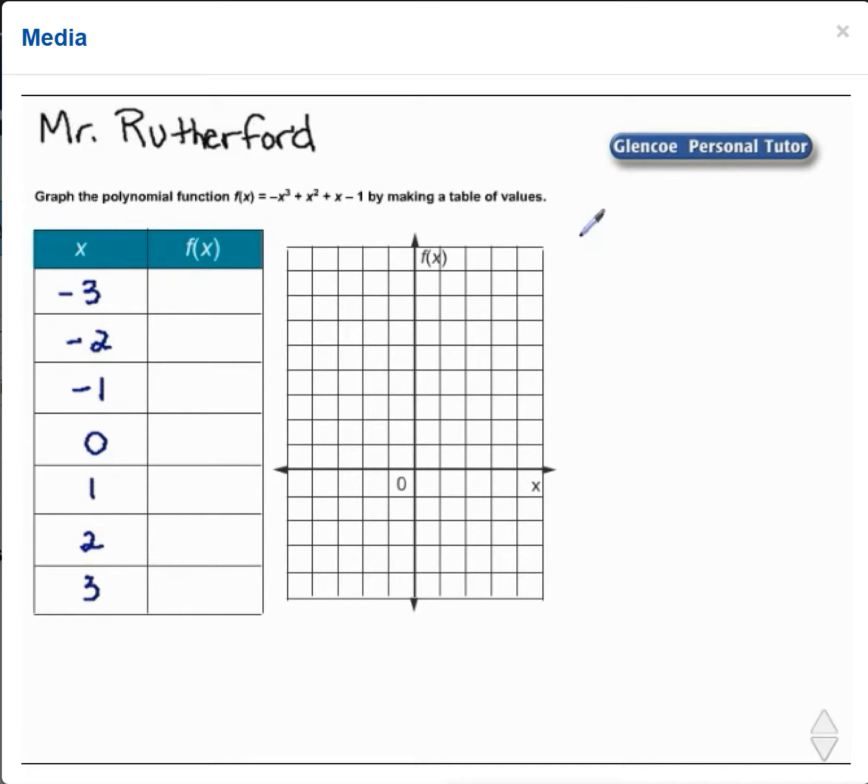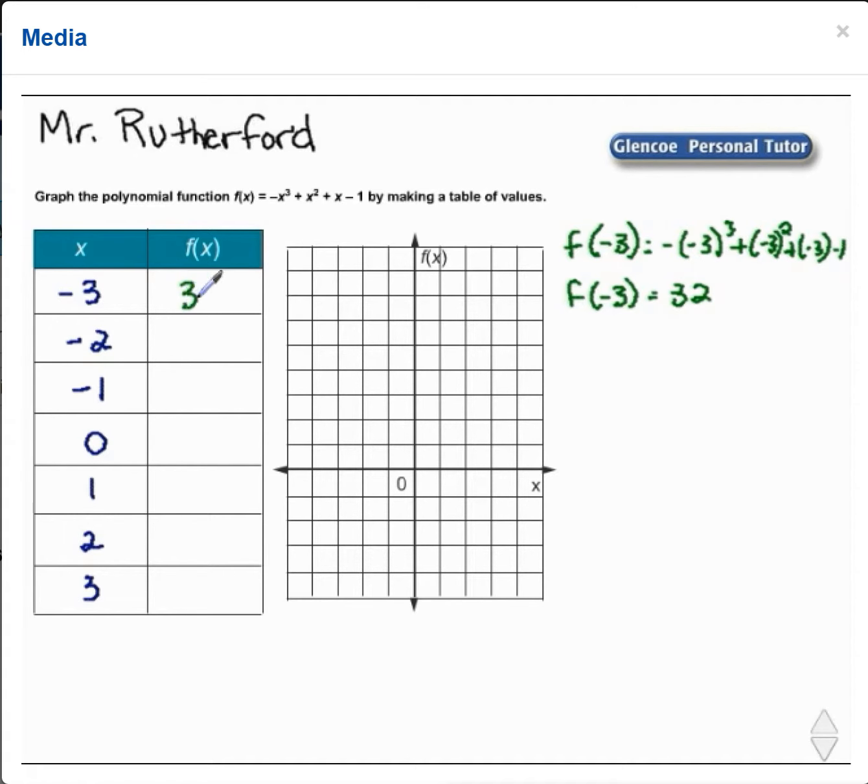So we have our function f of x, so we'll substitute negative 3 in for x. So f of negative 3 is equal to negative 3 cubed plus negative 3 squared plus negative 3 minus 1. When we evaluate this, f of negative 3 is equal to positive 32.